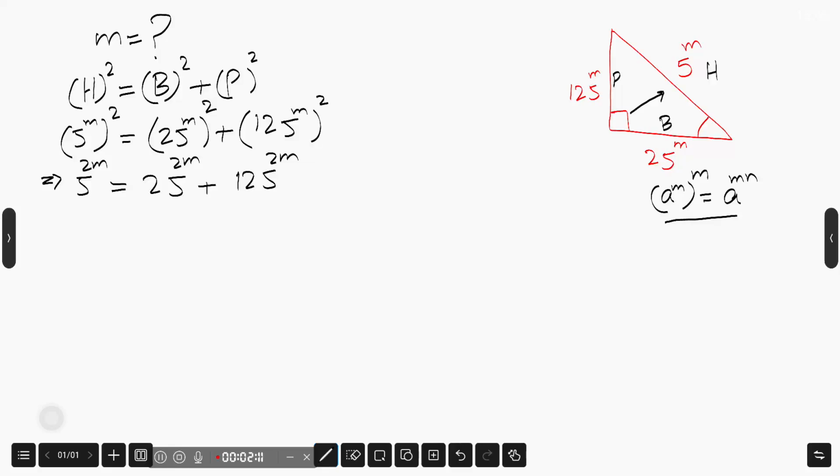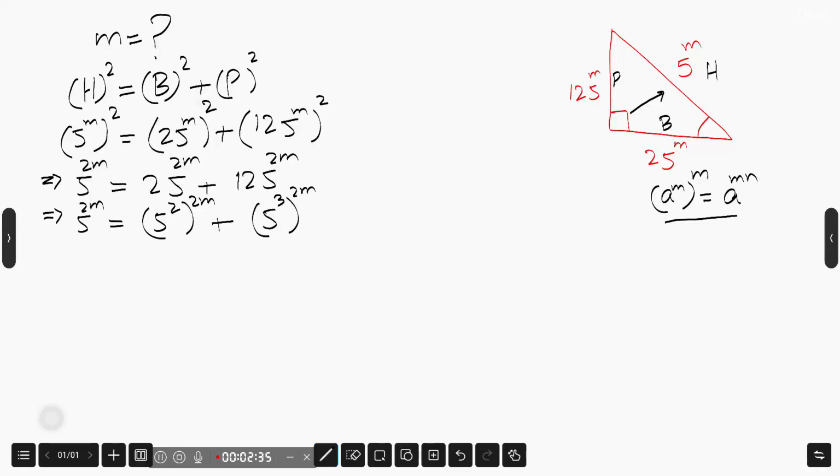Now we rewrite this equation: 5 to the power of 2m equals, we write this 25 as 5 square and its whole power 2m, plus we write this 125 as 5 cube and its whole power 2m.